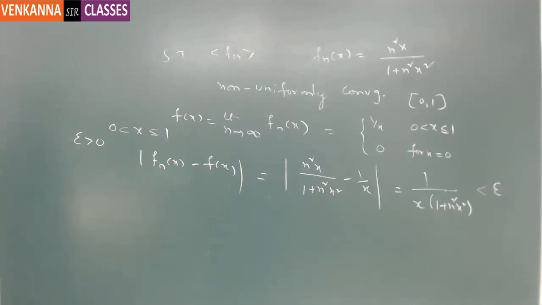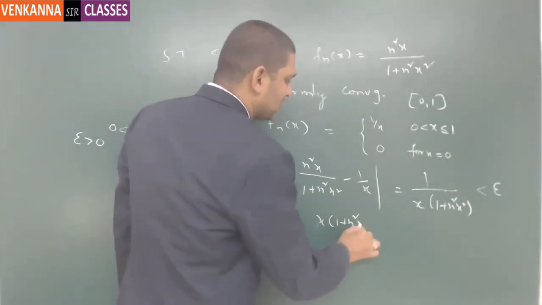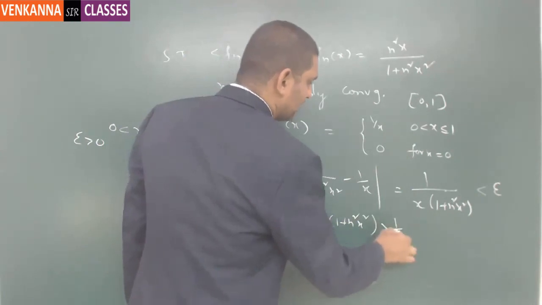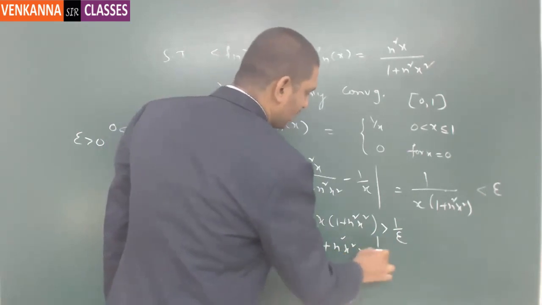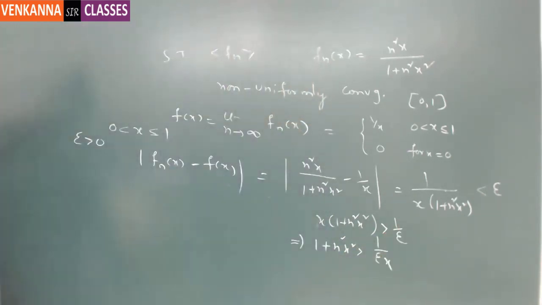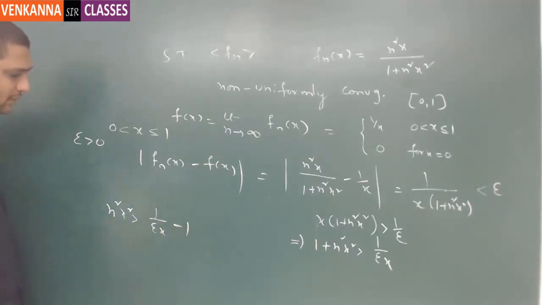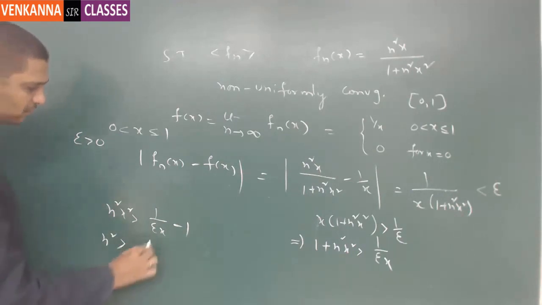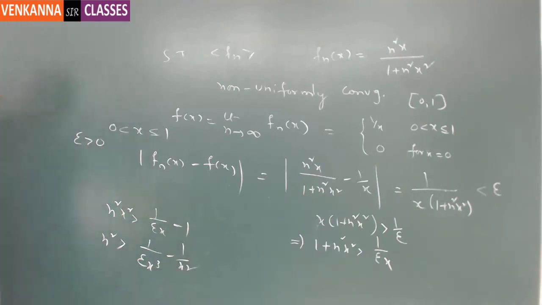Now, from this expression, you are going to build a connection between epsilon and the term number m. So you take the reciprocal here. So x into 1 plus n square x square is greater than 1 by epsilon, which implies 1 plus n square x square is greater than 1 by epsilon x. So n square x square is greater than 1 by epsilon x minus 1. So n square is greater than 1 by epsilon x cube minus 1 by x square. So n must be greater than the root of this value.